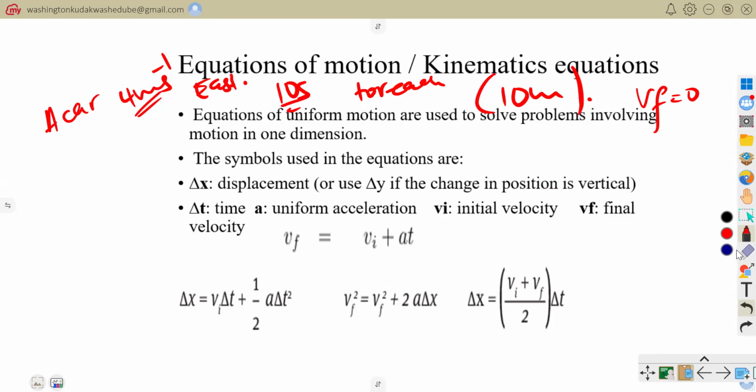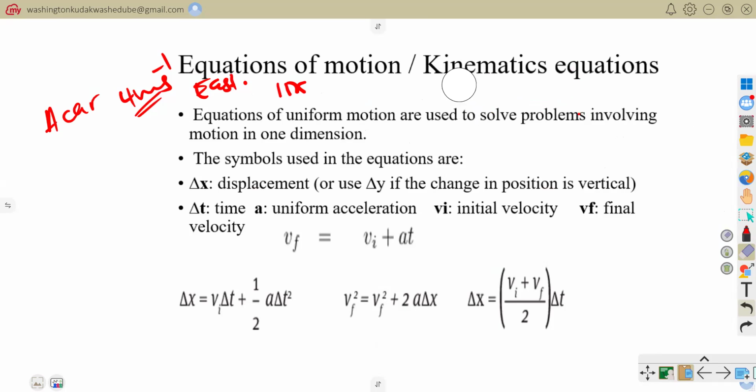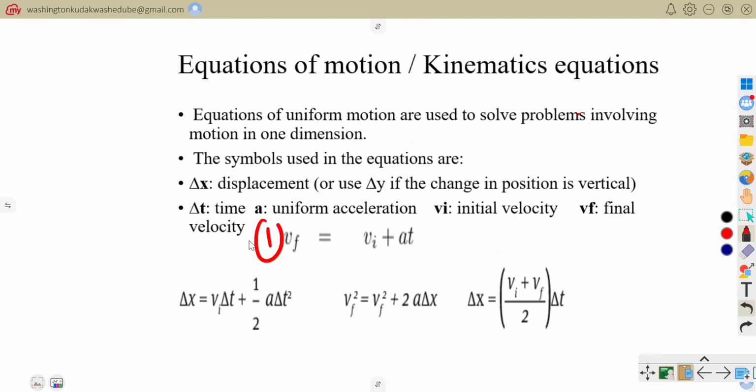You need to use what we refer to as equations of motion. And what are these equations of motion? These equations of motion were already determined for us. The first one says that the final velocity is given by the initial velocity of the object plus the acceleration of that object times the total time taken.